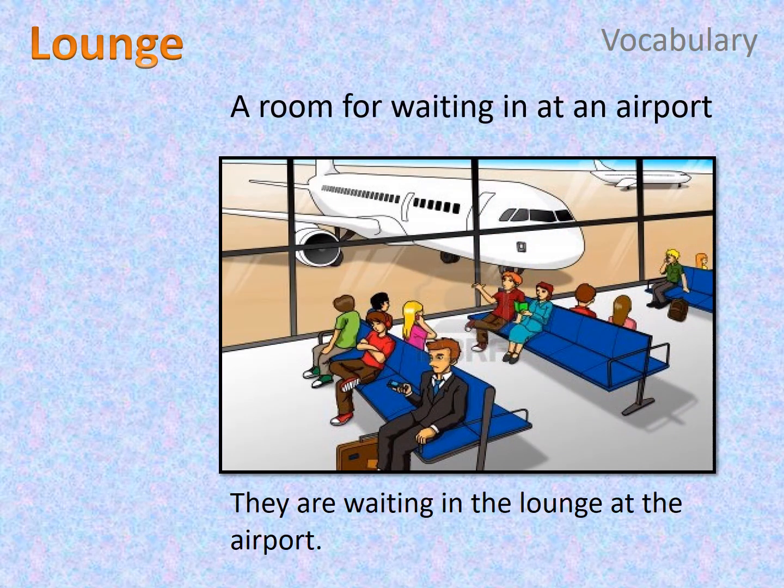Let's learn some new words. Lounge. Lounge means a room for waiting in at an airport. And this is a picture of a lounge, and some people are waiting in the lounge. Our next word is immigration.